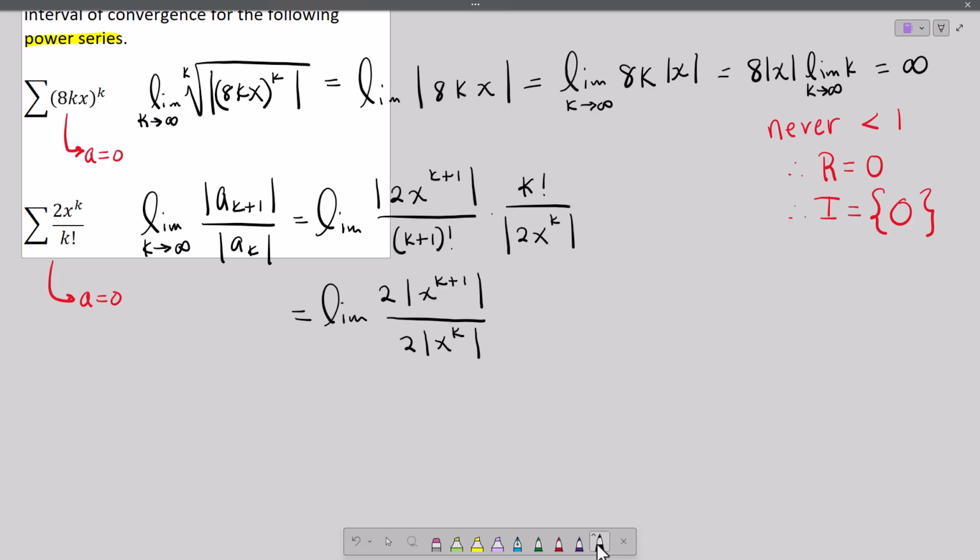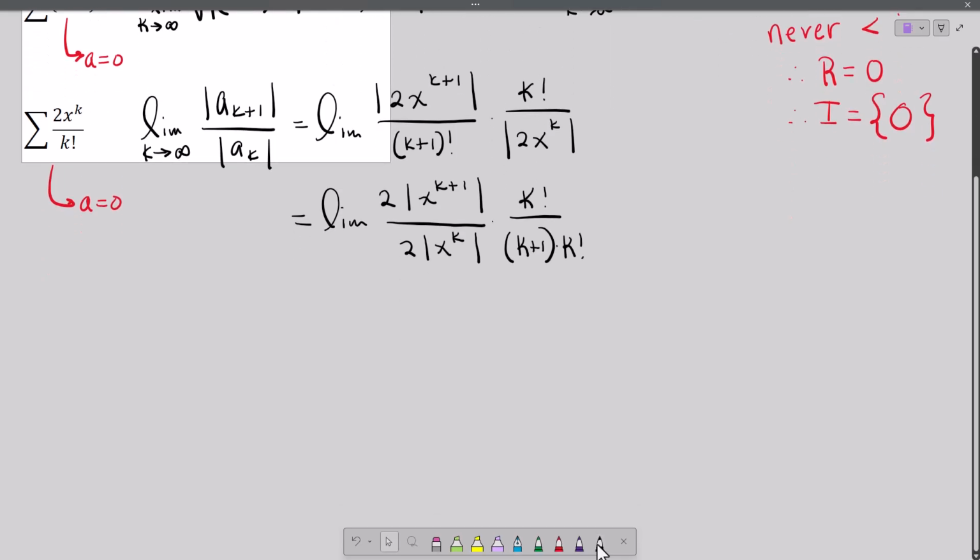Same thing, the 2 is positive, it can factor to the front of that absolute value. And then over here, let's stack the factorials. We have k factorial, and we know that k plus 1 factorial is k plus 1 times k factorial.